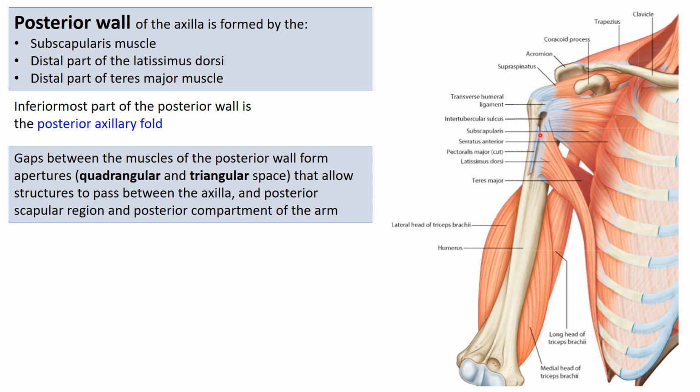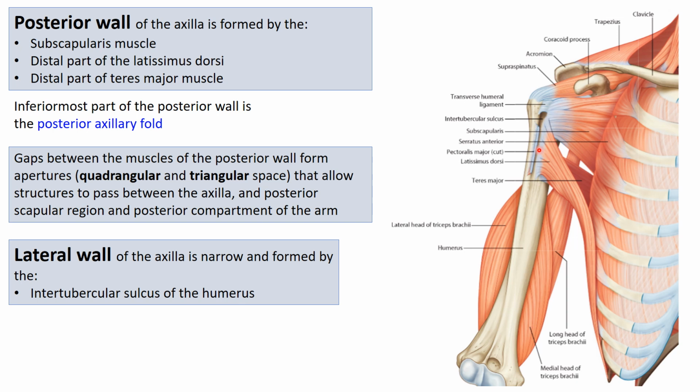That's why the intertubercular sulcus of the humerus will form the lateral wall. You can see the lateral wall is bony, and that is formed by this narrow area, which is the intertubercular sulcus. Why do we call it intertubercular sulcus? Because this is a sulcus located between the greater tubercle of the humerus and the lesser tubercle of the humerus. And you know the tendon of the long head of the biceps brachii muscle will be located in this sulcus. Okay. Anyway, this intertubercular sulcus will form the lateral wall of the axilla.